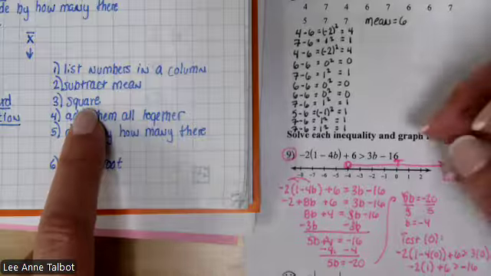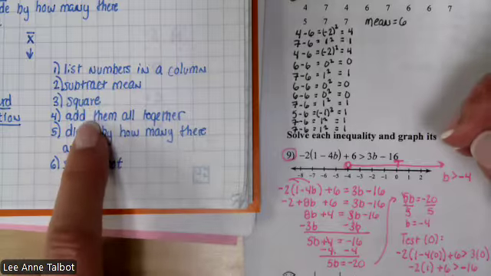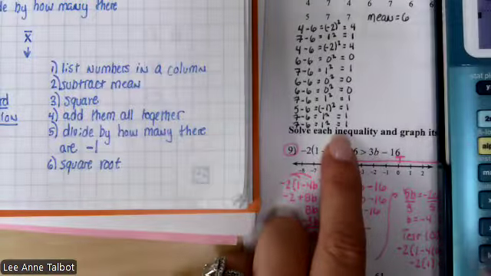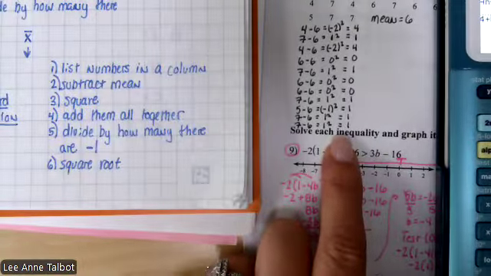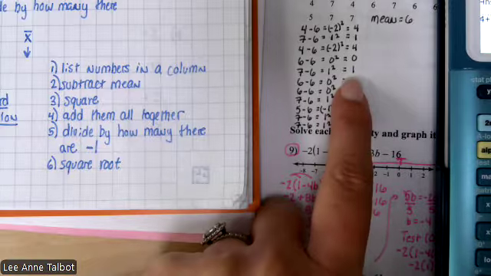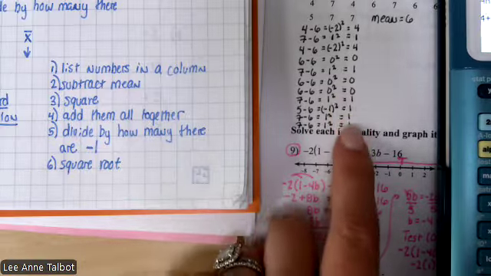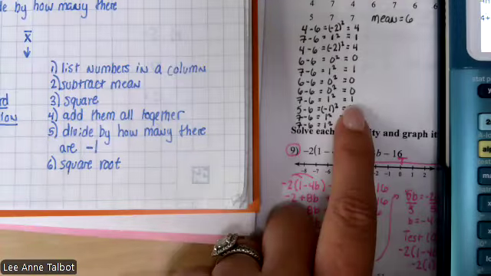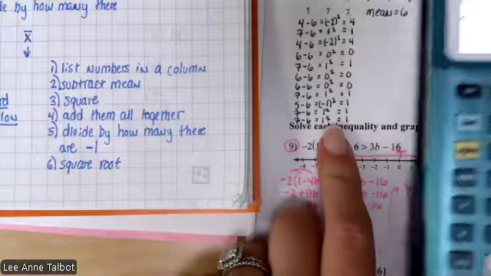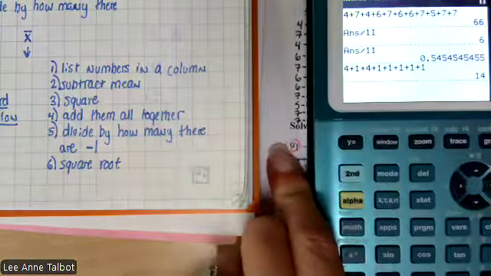I know. Okay, add them all together. All right, so 4 plus 1 plus 4 plus 1 plus 1 plus 1 plus 1 plus 1. 14?